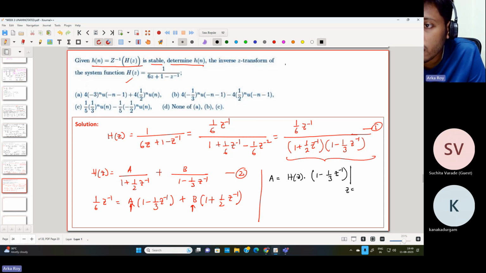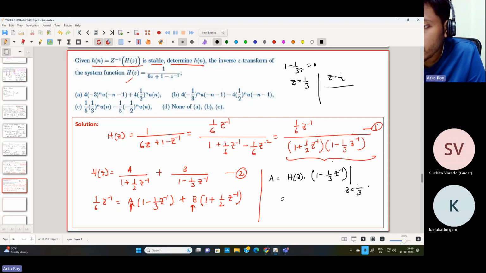The pole locations are given by 1 minus 1 upon 3 z equals 0, so z equals 1 upon 3, and the second pole is z equals half. So this should be evaluated at z equals 1 by 3. H(z) is this thing.